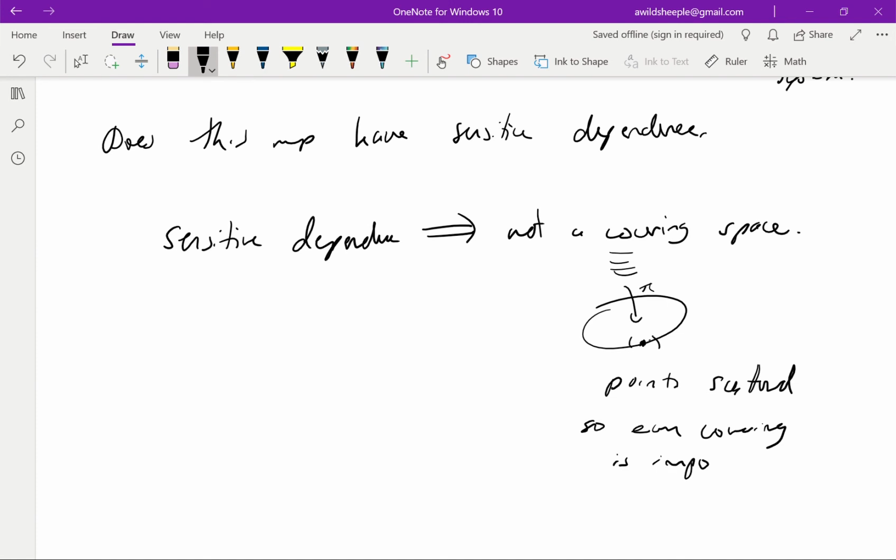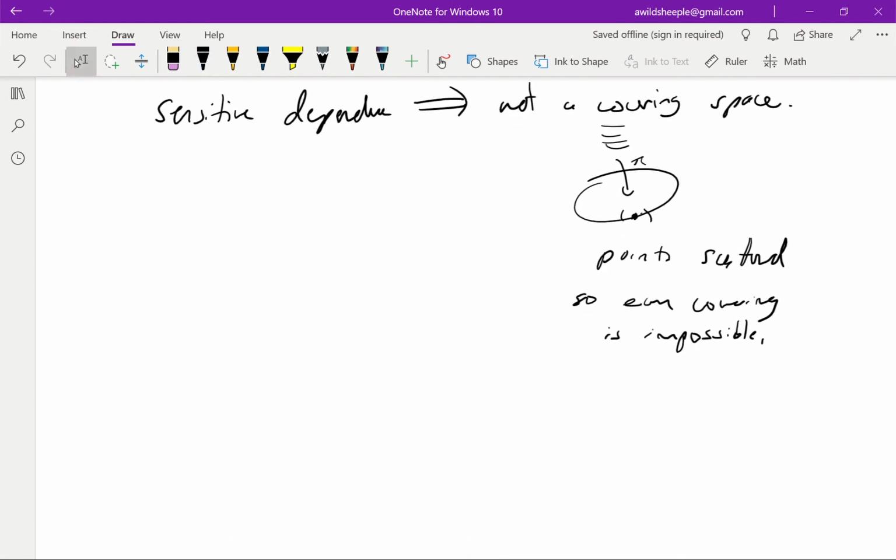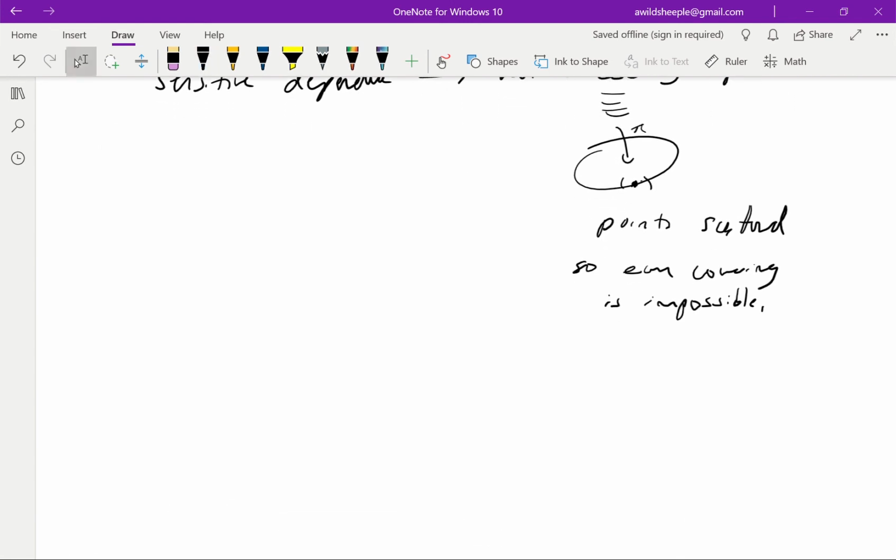So if I convince you that we have sensitive dependence on this map, then I'll have also convinced you that the solenoid is not a covering space. So in order to do that, let's think again about the doubling map and the Cantor set. What we're going to do is take our interval 0, 1, mod the equivalence if you like, and we write every point inside it in binary.